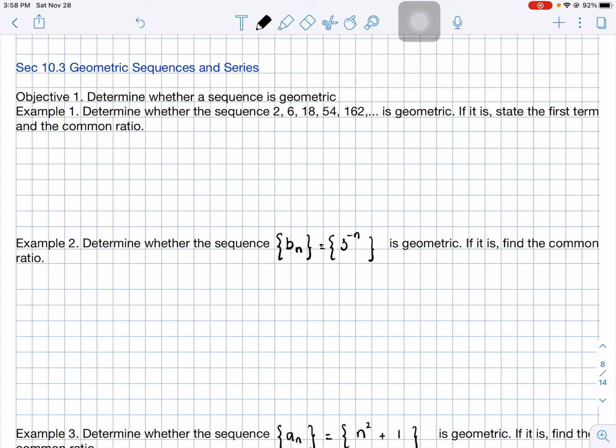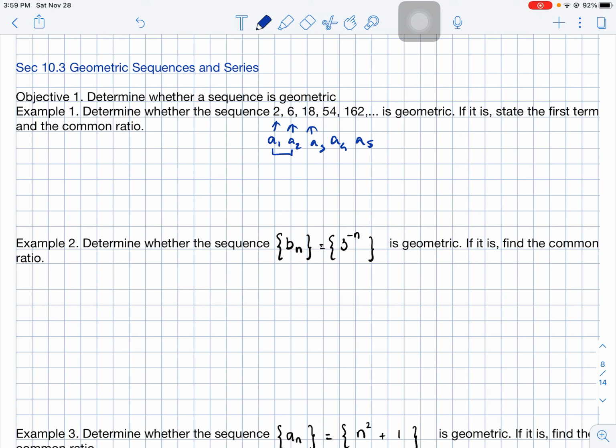In order to find that this is a geometric sequence, we need to find the ratio. We need to take the pairs: a1, a2, a3, a4, and a5. Let's say I pick a1 and a2, then I will divide.